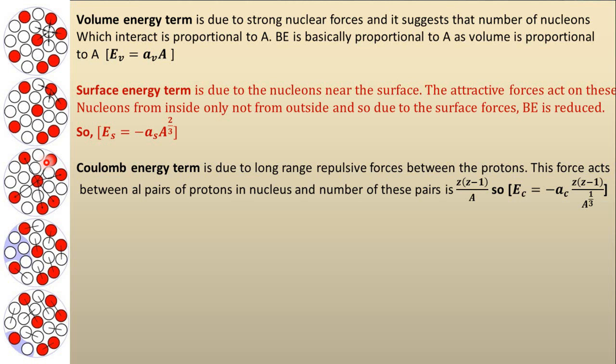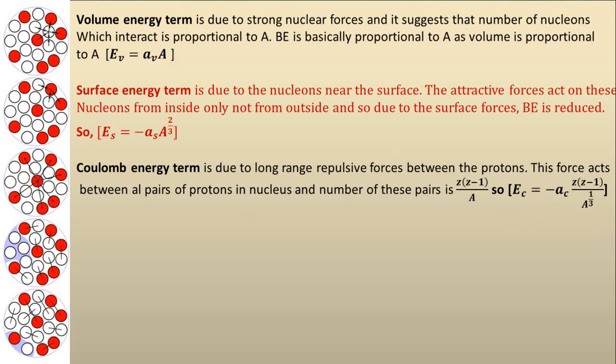This Coulomb force is a long range force, so it will act between all the pairs of protons present in the nucleus. And if we calculate the pairs of these protons, the Coulomb energy term will be minus a_C Z(Z-1) upon A to the power 1/3. That means due to the repulsive energy present inside the nucleus, the binding energy is also reduced by this amount.